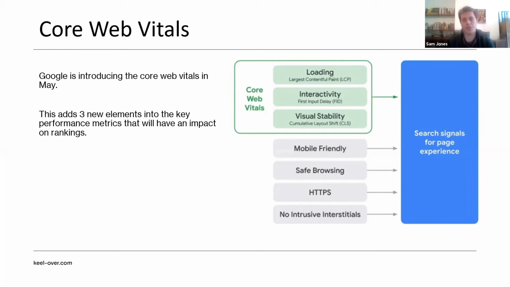Because if someone can see that your site ticks all the boxes across security, interactivity, everything, they're much more likely to engage with you, because Google's telling them that yours is a good site. So these three new elements are core to delivering that.